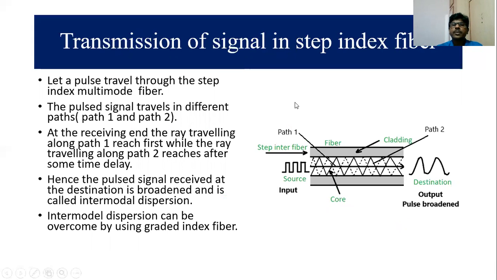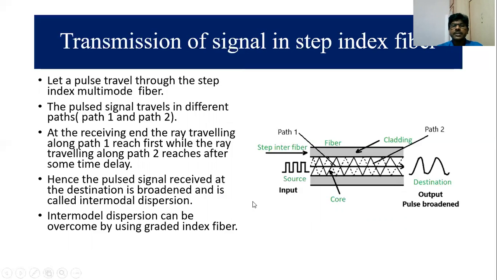So see the transmission of signal in a step index fiber. Now let a pulse travel through the step index multimode fiber. The pulsed signal travels in different paths. Let us take path 1, a straight line path, and path 2, which is a zigzag path. At the receiving end, the ray traveling along path 1, the straight line path, reaches first, while the ray traveling along path 2, the zigzag path, reaches after some time delay.